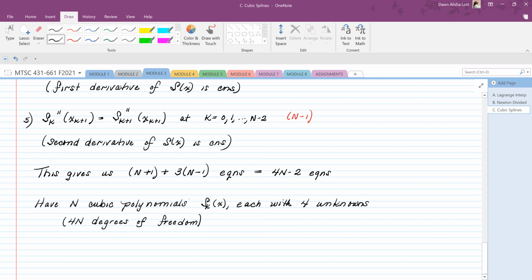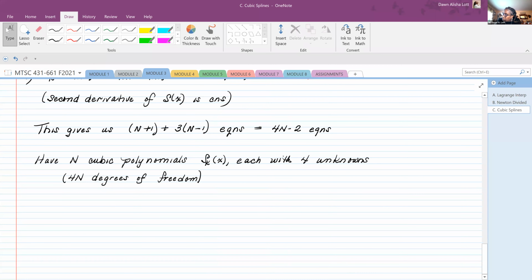Okay. So we have 2 additional degrees of freedom that we have to deal with because we have 4n unknowns, but we only have 4n minus 2 equations.